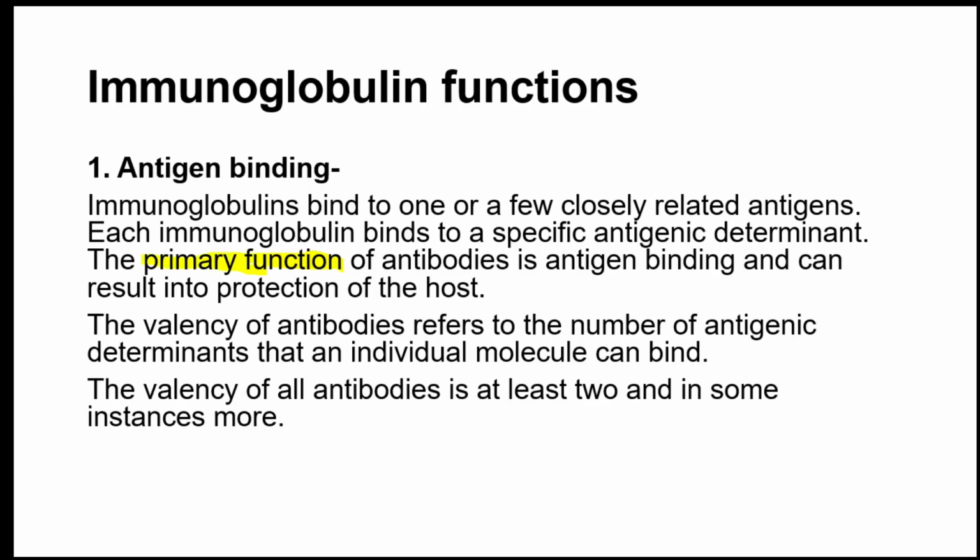If the body realizes that an antigen has attacked it, these immunoglobulins are first going to come and bind to the antigen. This is very important. If you're fighting someone and an enemy attacks and you're not able to arrest them and detain them somewhere, they are going to come and do harm.